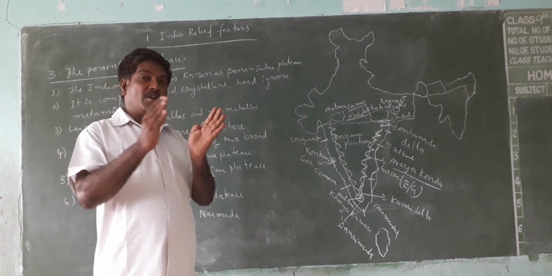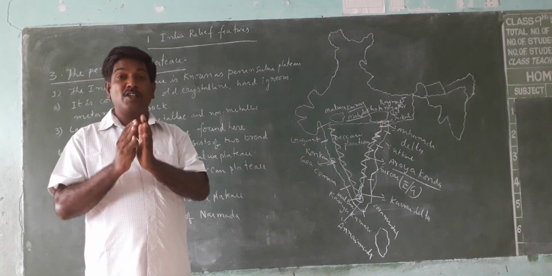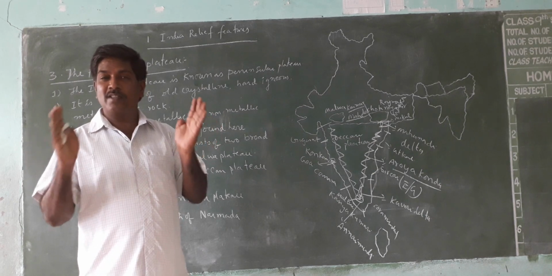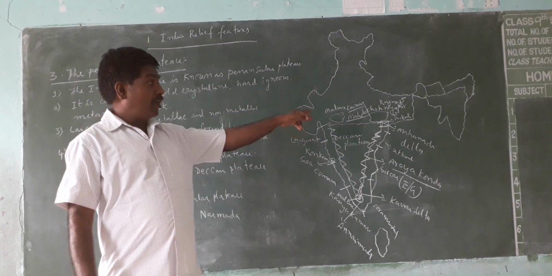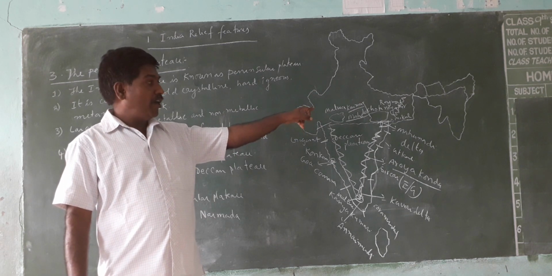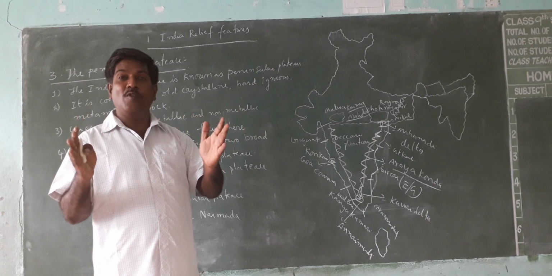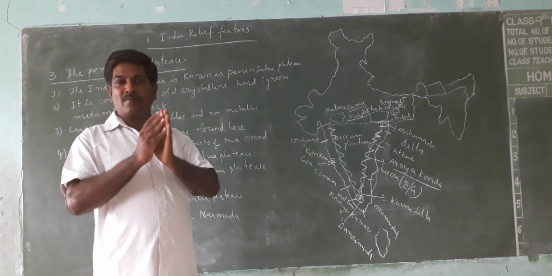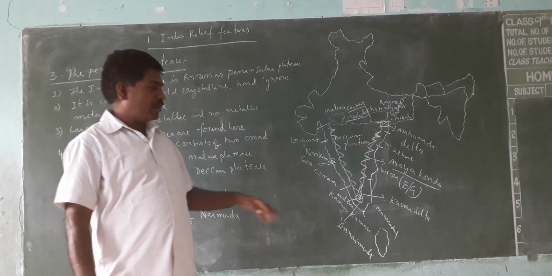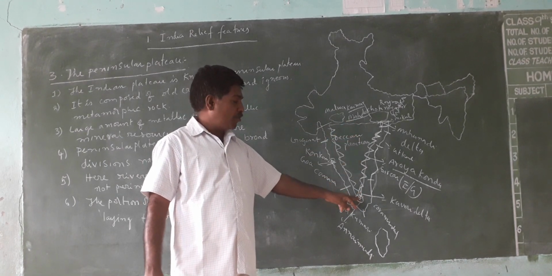What is the western border? Western Ghats. What is the northern border of Indian Peninsular Plateau? Mahadev Hills and Kaimur Range. And what is the eastern edge? Maikal Range. What is the southern point of Deccan Plateau? Kanyakumari.